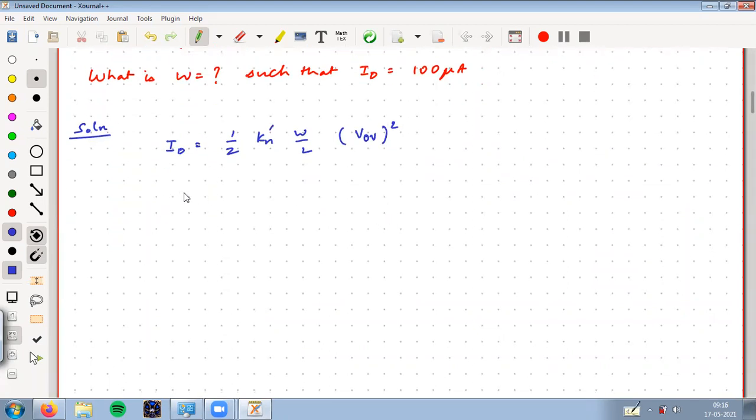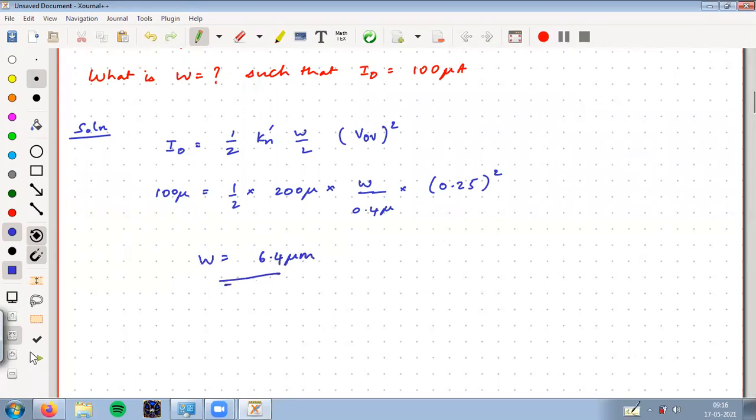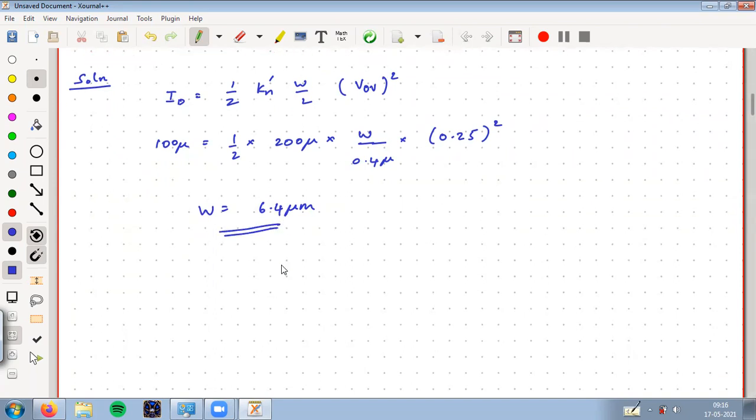Substitute all the values. ID is 100 micro, half into Kn prime is 200 micro, W I need to find, L is 0.4 micro, and VOV is 0.25 volts. So 0.25 square. From this you can find W as 6.4 micrometers. Okay, W value I have found now.